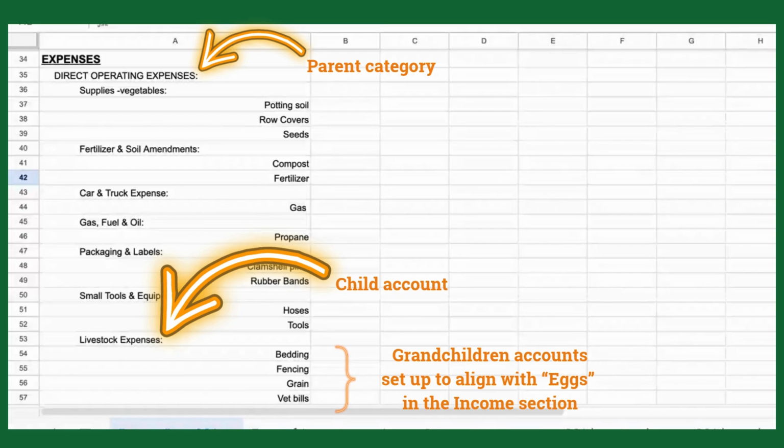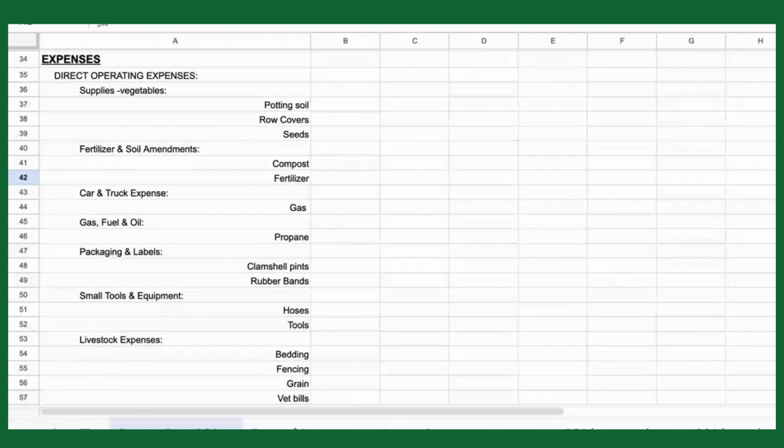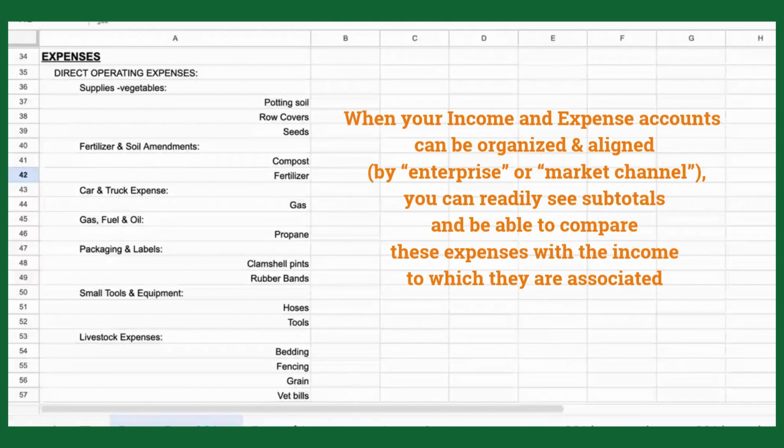As with the other children accounts, there are grandchildren accounts which get down to distinct expense channels, like for their egg business, there's bedding, fencing, grain, vet bills, etc. These are what we call grandchildren accounts, but they are still very much from a macro level view of the farm, not getting too deep into minute details, just enough so you can see income and expenses organized in groupings that make sense to you, and will allow you to see subtotals of these various children categories and then get important comparisons across your income streams from either your enterprises or market channels, depending on how you set up your income accounts.